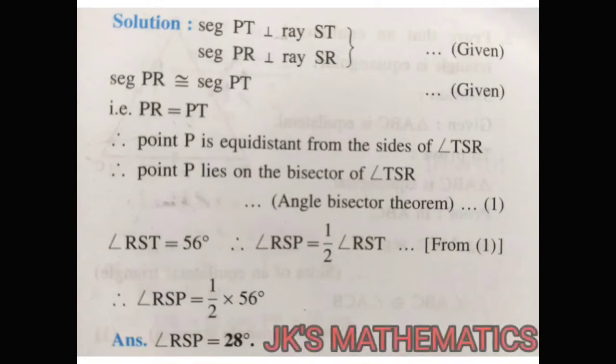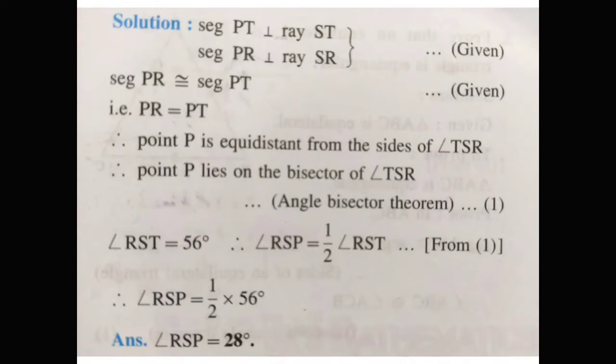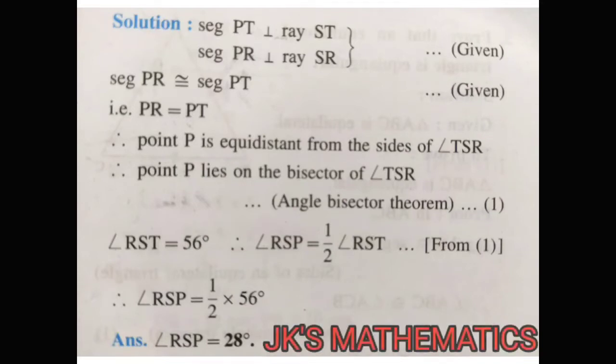segment PT is perpendicular to ST and segment PR is perpendicular to SR. That is given to us in the example. Segment PR is congruent to segment PT. It is also given, that is PR equals PT.